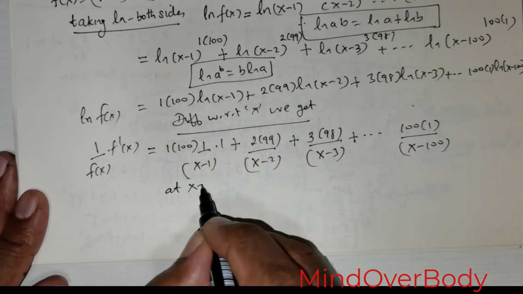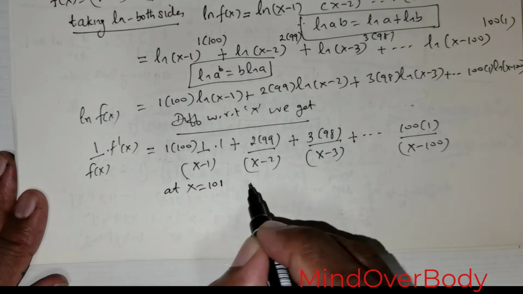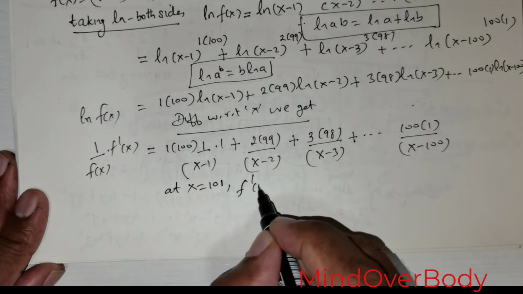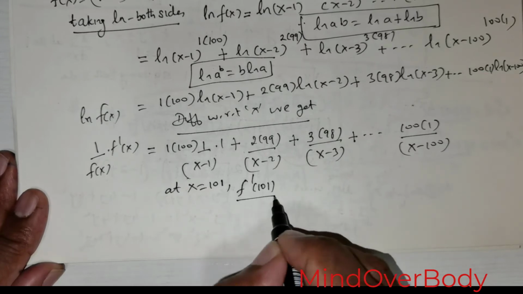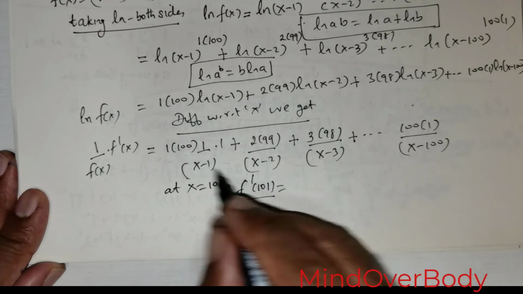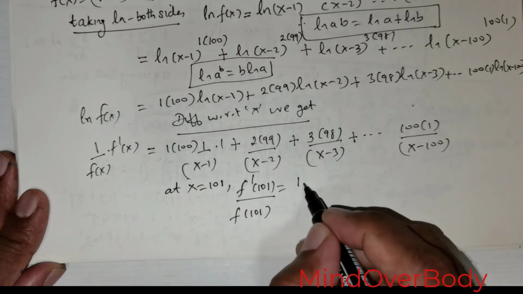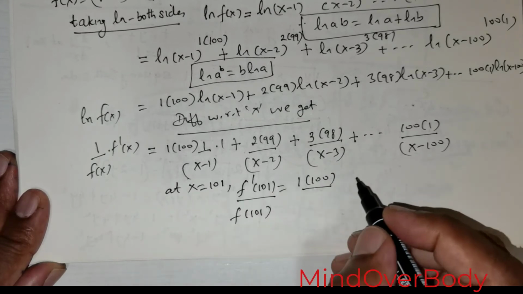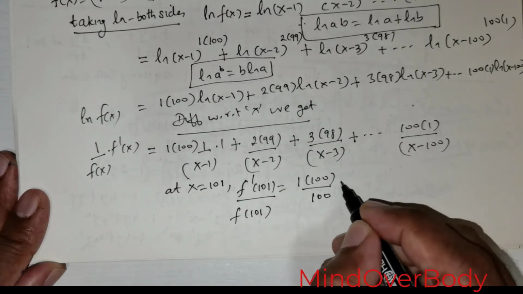So at x is equal to 101, what happens? This is going to be f dash of 101 divided by f of 101. This is going to be 1 multiplied with 100, divided by 101 minus 1, that's going to be 100.